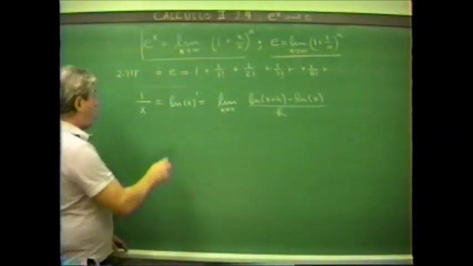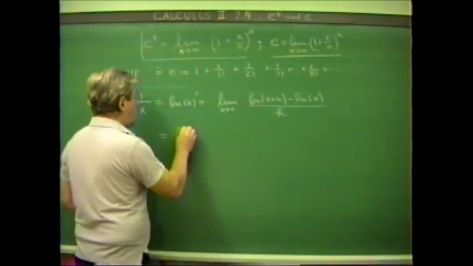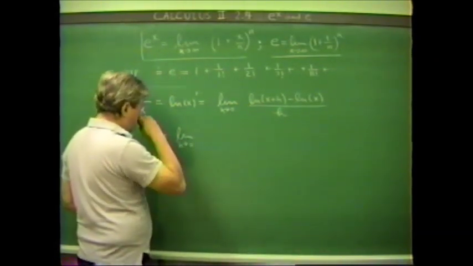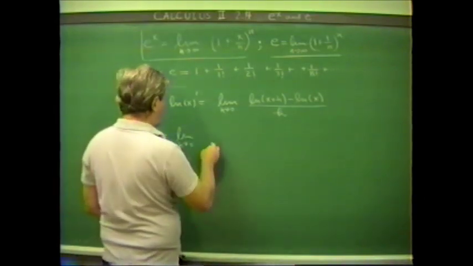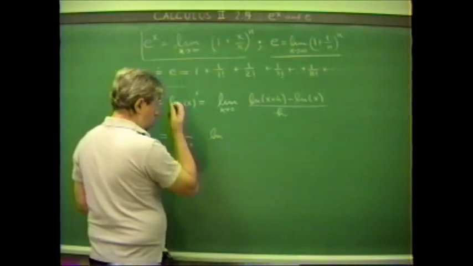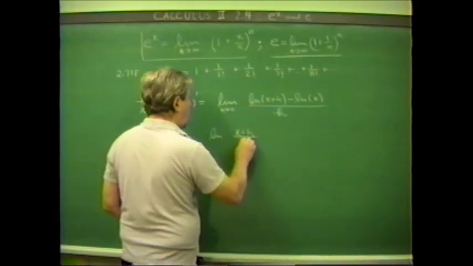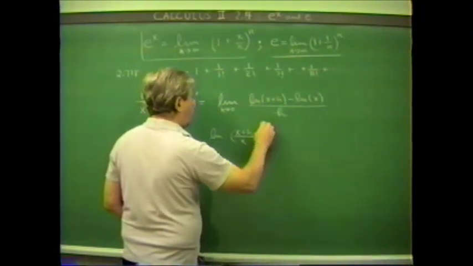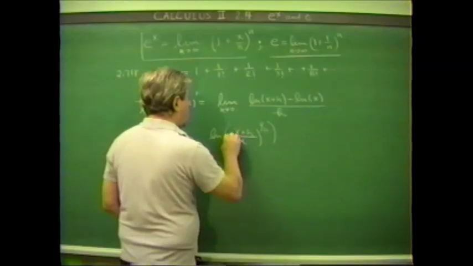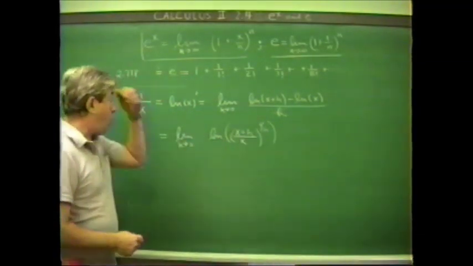Now we can use the rules of logarithms on this and write this as the limit as h approaches 0 of log of (x plus h) divided by x, and then we can take the 1 over h inside here. So 1 over h times this, and we can bring this to the 1 over h power.